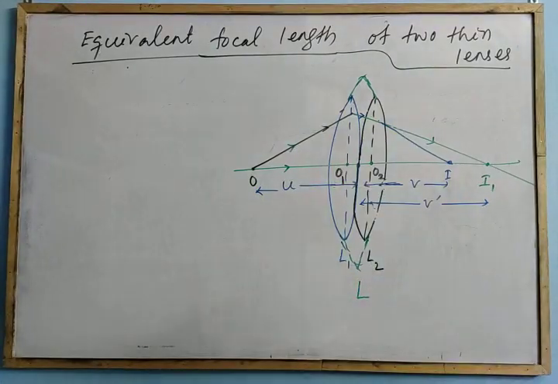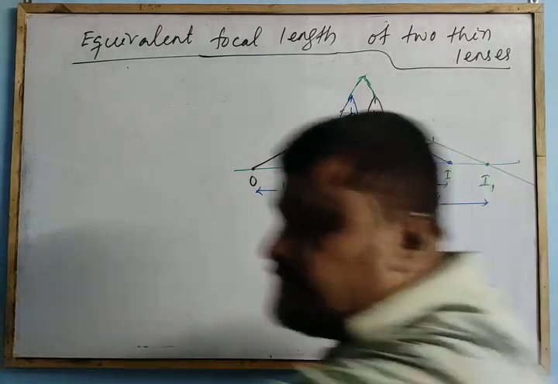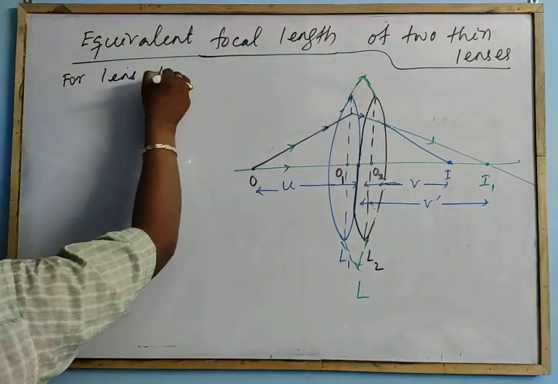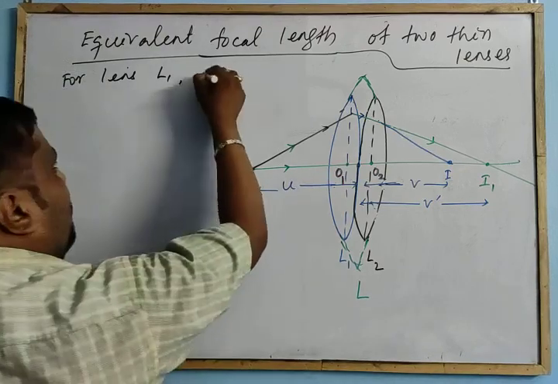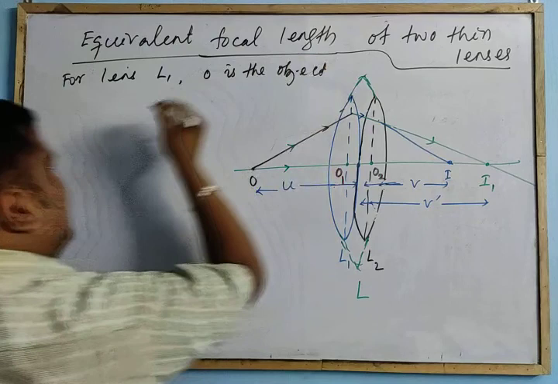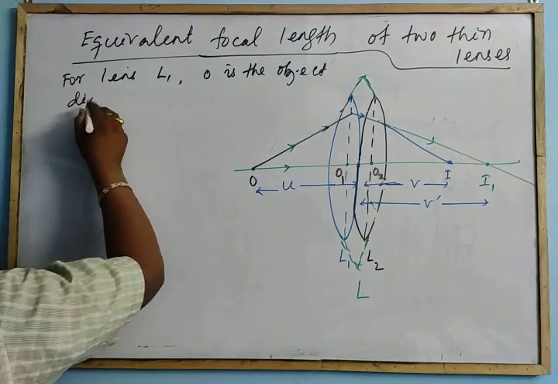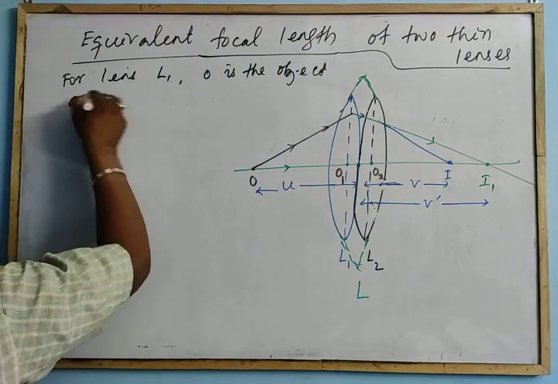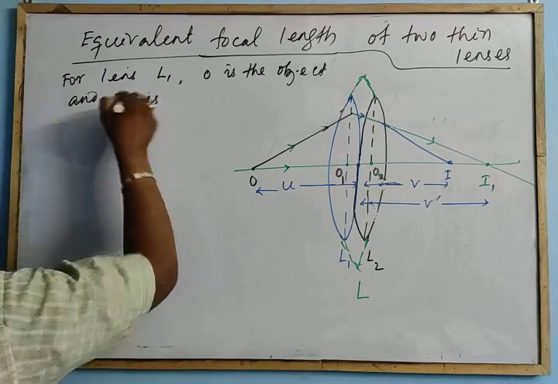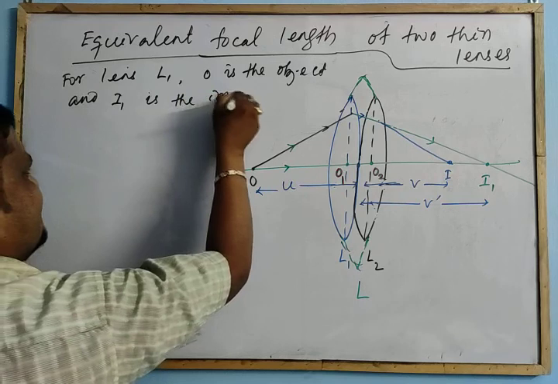So these are the two lenses. For the lens L1, O is the object and I1 is the image.